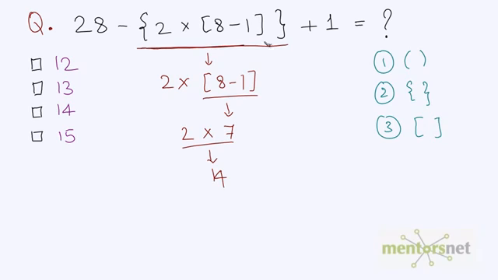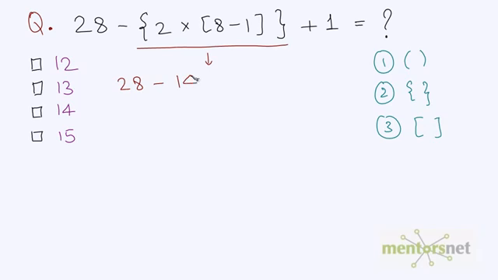So the value of this is 14. So let us write that. So we have 28 minus 14 plus 1. Now this becomes a simple expression. We now have two operations with the same priority, so you'll solve the left one first. So this is equal to 28 minus 14 is 14, plus 1. Now 14 plus 1 is 15. So your answer is option D.